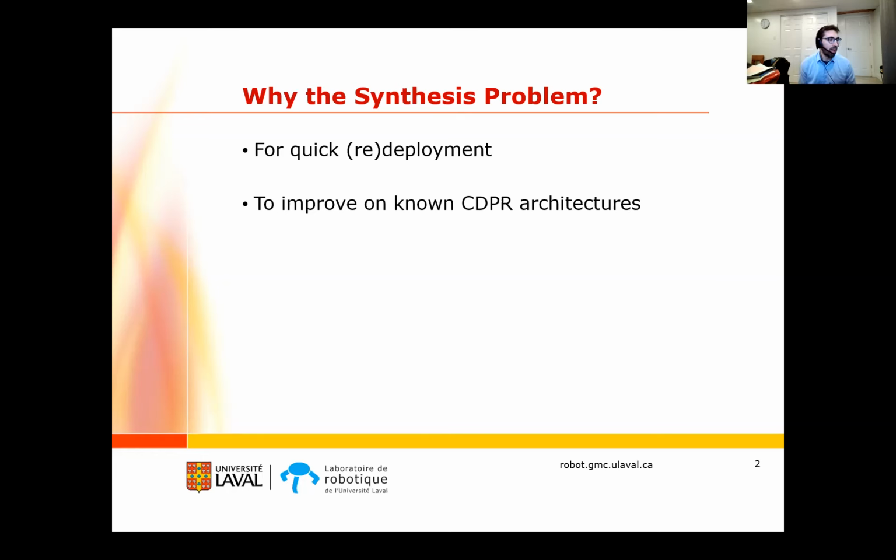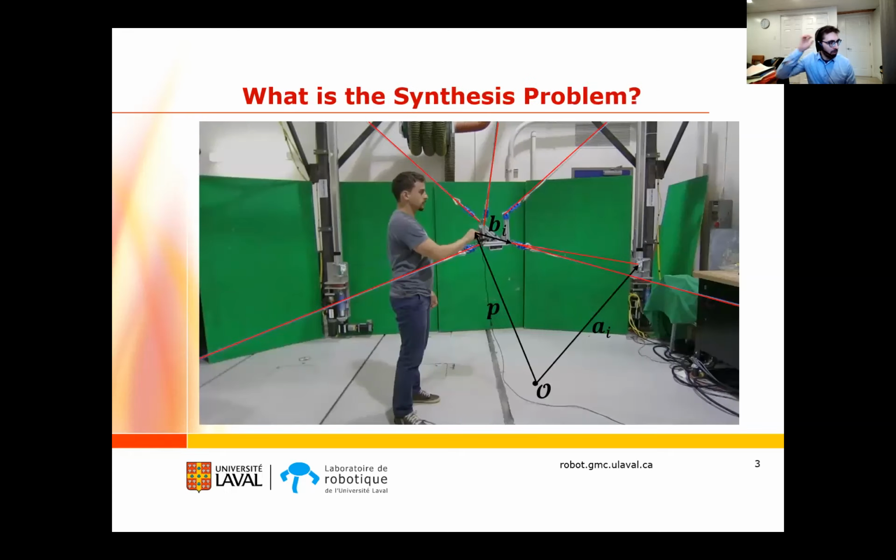Could we get a few more improvements on those by really using a formal optimization procedure? So that's what I have in mind. And I started working on this maybe 10 years ago, and I've been working on it on and off.